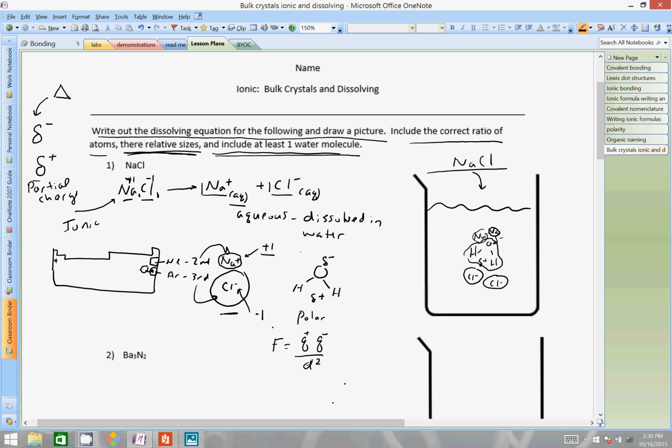If you wanted to, you could do a key on the side. So this big circle equals chloride, and the smaller square equals the sodium ion. You could use those symbols if it's easier to draw that way. And that's pretty much it.